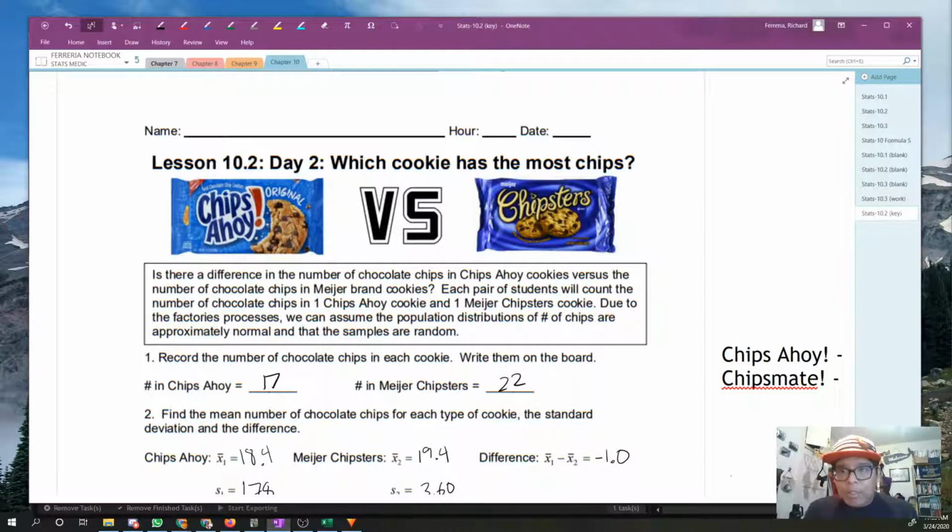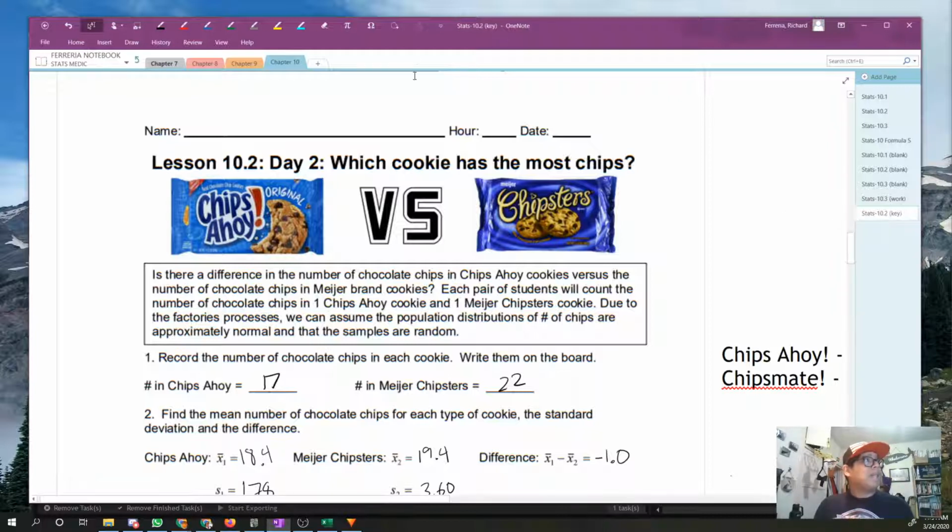So each pair of students is going to count the number of chocolate chips in one Chips Ahoy and one Myers Chipsters cookie. So we didn't use Myers. We used Ralph's brand Kroger Chipsmate. Due to factory process, we can assume that the population of the number of chips are approximately normal and the samples are random.